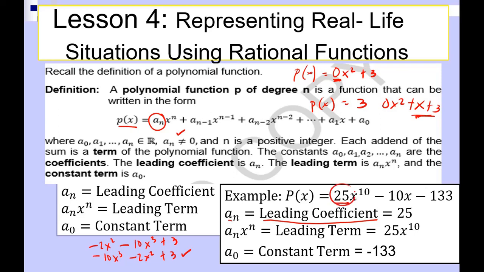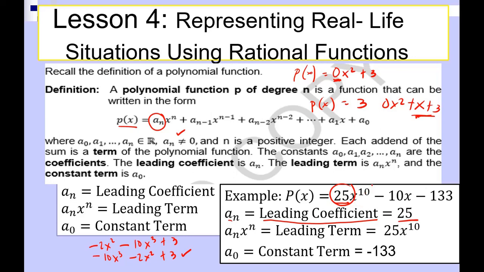Kung unsa may number diri, that is our leading coefficient, which is 25. Okay? So, dapat i-arrange ninyo daan. Kung dili ninyo i-arrange, tapos kuhaon niyo diretso ang leading coefficient, mali na. So, dapat i-arrange ninyo from exponent niya by decreasing. And then, a leading term, so after ninyo ma-arrange, kung unsa tong first ninyo diri with the leading coefficient, with the first variable, then the exponent, mao na ang first term.